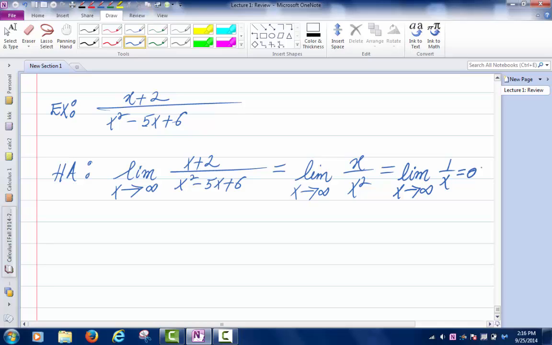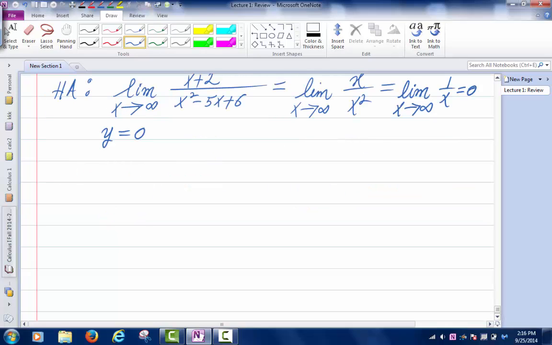Okay, so that's that. So y equals 0 is a horizontal asymptote, right? Sometimes people write x equals 0 is the horizontal asymptote. Horizontal asymptote, by the name of it, is a horizontal line, so it should not be x equals 0.